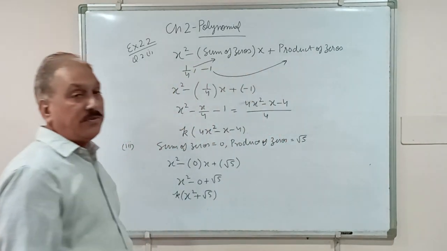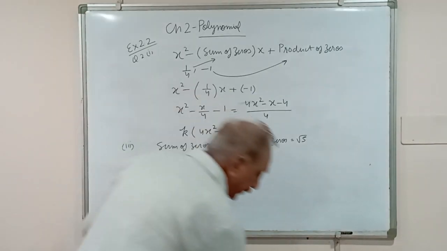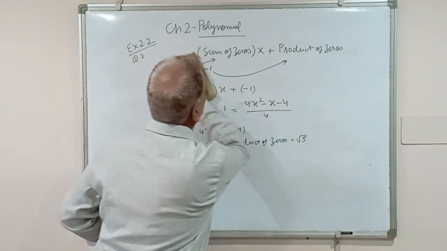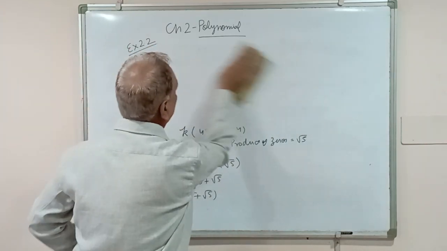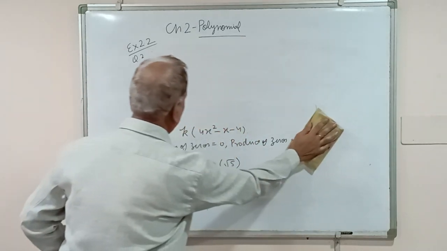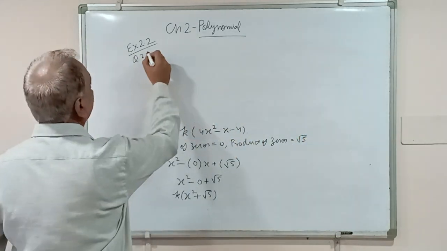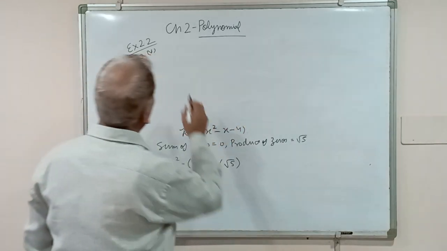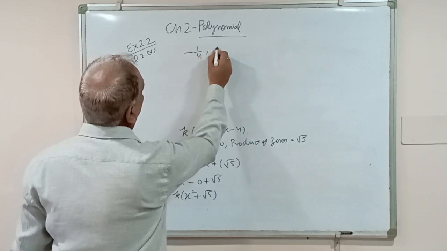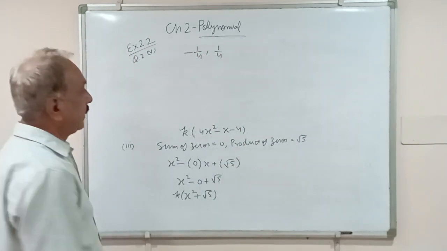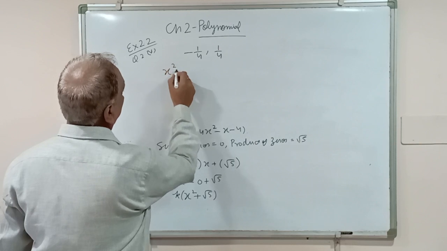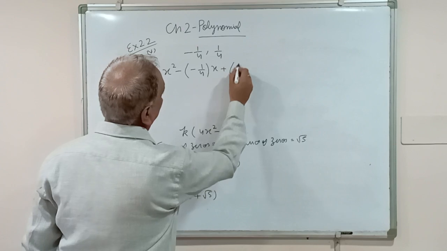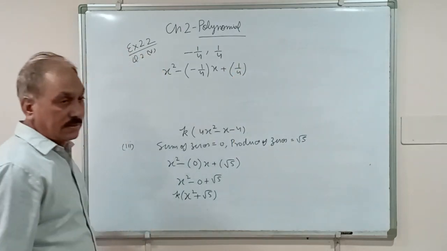Then get its fifth part. Zeros are sum of zeros minus 1 upon 4 and product of zeros 1 upon 4. X square minus sum of zeros into x plus product of zeros.